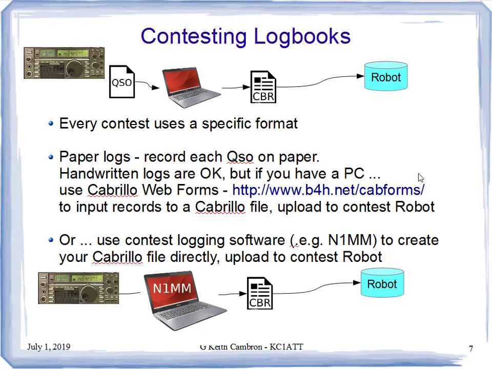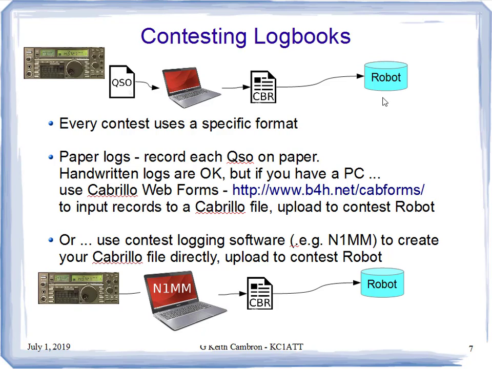But if you have a PC, there's a better way to do that, and you just open your browser to this URL and you'll get a web form that's compatible with that specific contest, and you have to select it from a list that's on that website. Then you can take your paper records and input them directly into that website, and the website will generate a Cabrillo file that can then be uploaded to the contest robot.